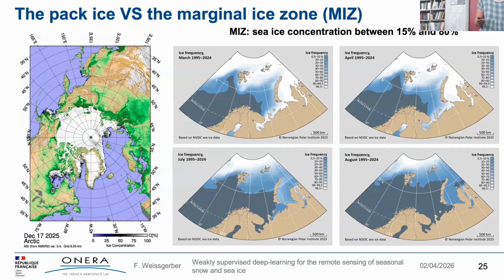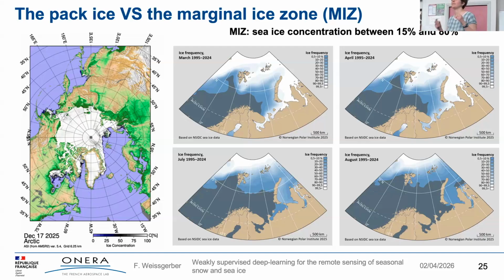Basically, the ice pack is where you have dense ice, more than 80% concentration. The concentration of sea ice is the proportion between the floes and the surface that we are looking at. And you have the marginal ice zone, which is at the boundary of the ice, and this boundary can change a lot. Since you have less ice, you have way more drift in the marginal ice zone.